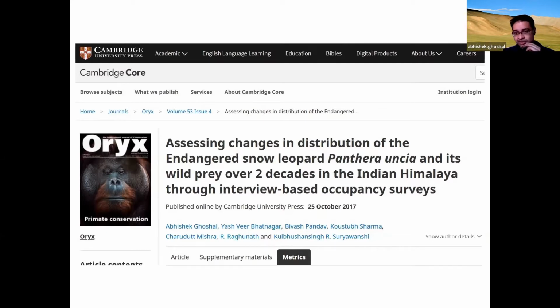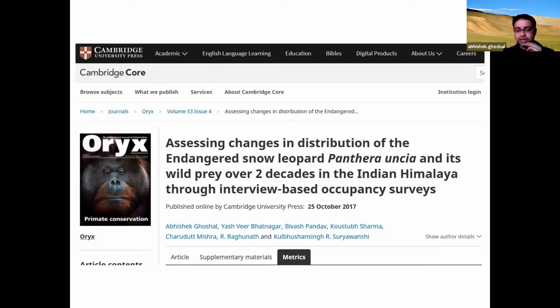But we did use this alternate method of using the local knowledge of the people living in the snow leopard habitats, using the number of respondents as the number of replicates, representing those sampling units. And we ultimately published this work in Oryx in 2017.